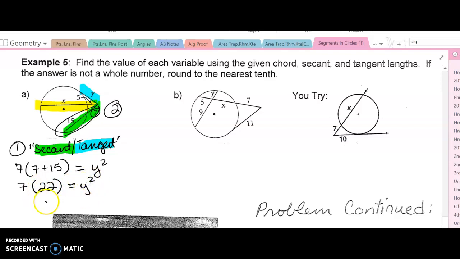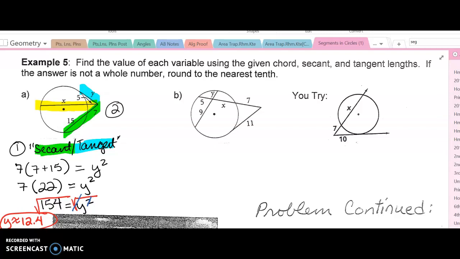And then 7 times 22 is going to give us 154. And then the last thing we have to do is get rid of that 2 on the y, the squared. So the opposite of squaring is to square root. What you do to one side, you've got to do to the other. And so the square root of 154 is, to the nearest tenth, approximately 12.4. So y equals 12.4.